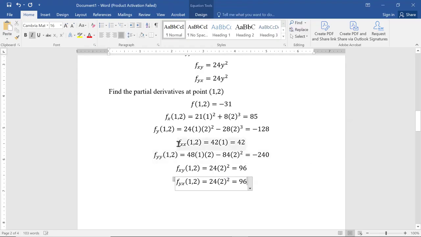And again, these might not seem like too much going on right now with these second partial derivatives. They're related to concavity and whether we get relative minimums and relative maximums and things like that.